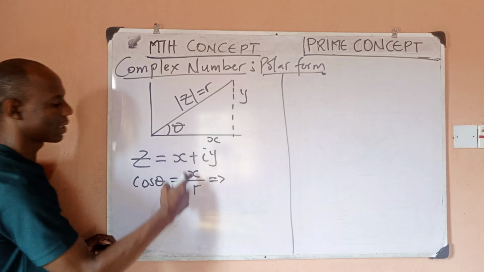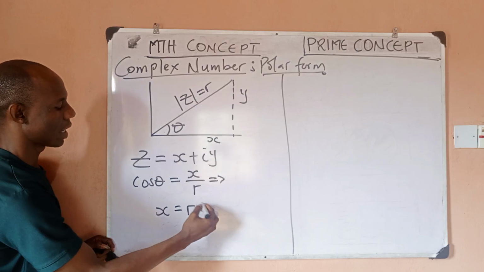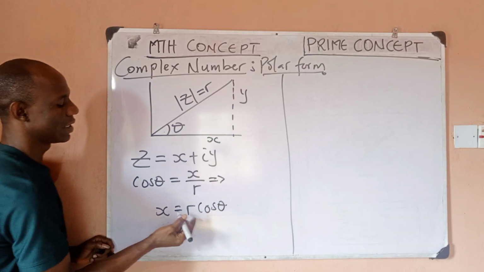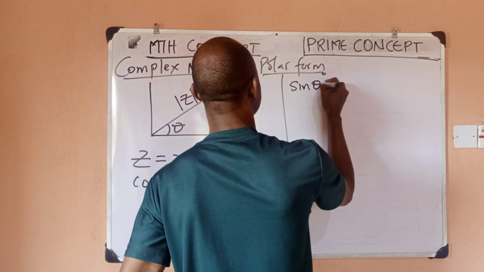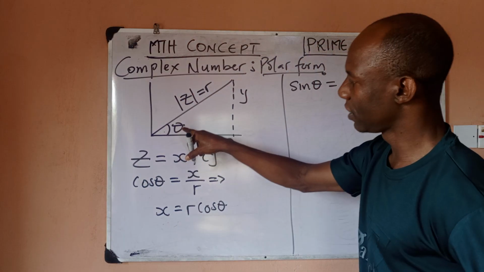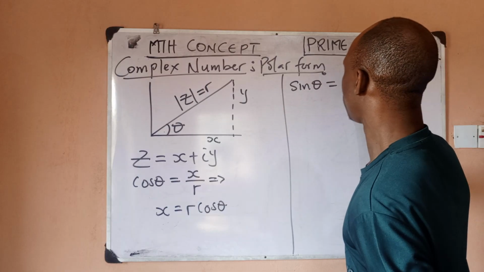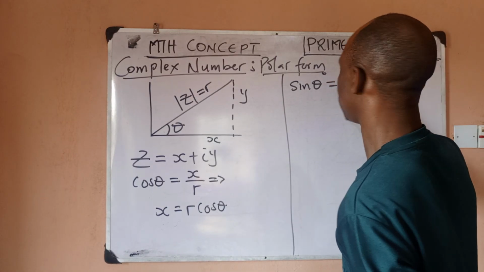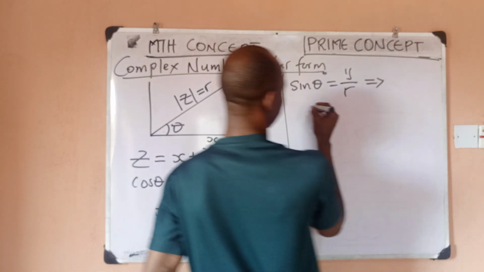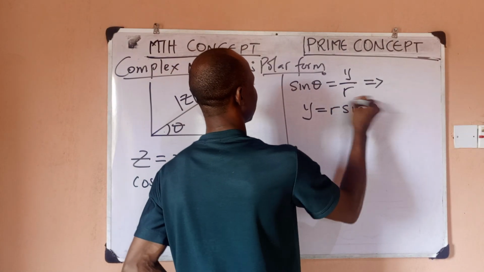So that if I make x the subject, I will get that x is equal to r cos theta. And if I do the same thing to find sine theta, sine of this angle is going to be the opposite, which is y, over the hypotenuse. So the opposite is y over r. If I make y the subject of the formula, I'll find that y becomes r sine theta.